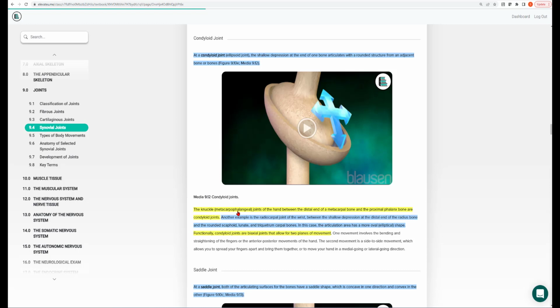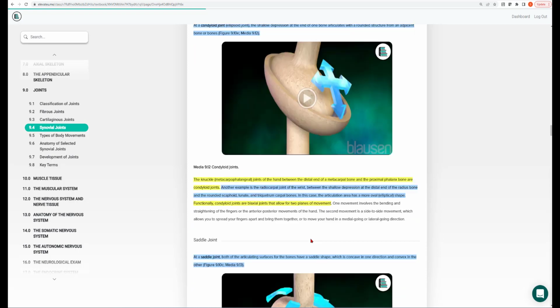Because you can make a fist, right? And by doing so, you're bending your fingers in one plane, but you can also spread your fingers out, right, like jazz hands, and in doing so, you appreciate that those joints are able to move in two directions, hence their classification as biaxial. Remember, these are also considered diarthrosis. They are freely moving synovial joints.